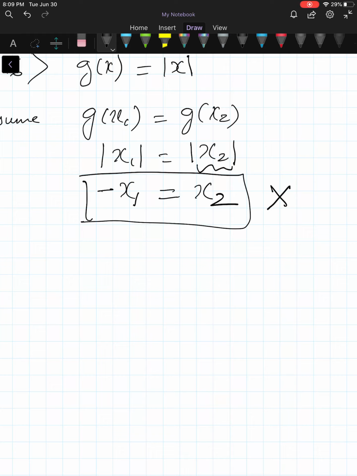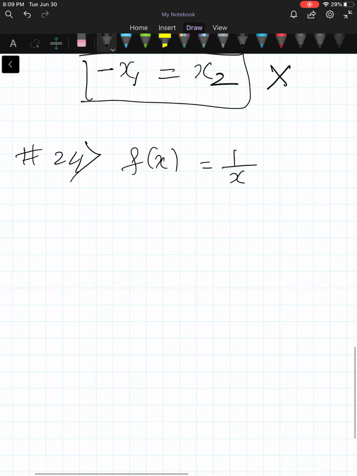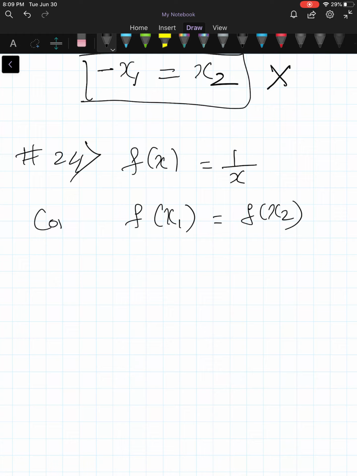Okay, so let us do another one where it is a one-to-one function, that is number 24. I have solved it so I can find out whether it is a one-to-one function or not. It states that f of x is equal to 1 over x. So again, using the definition, consider f of x1 is equal to f of x2.